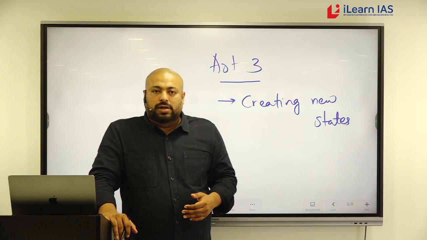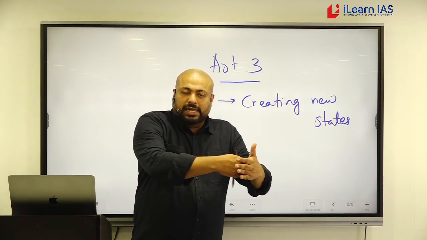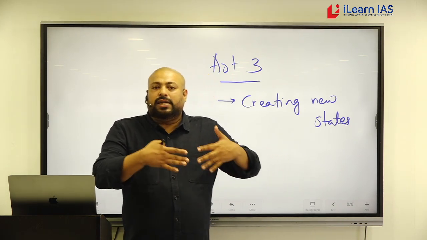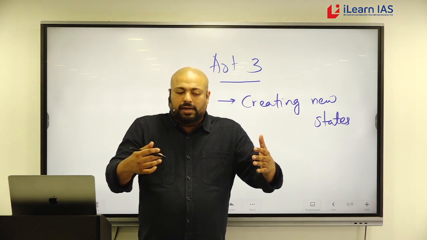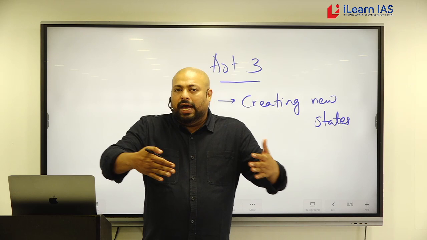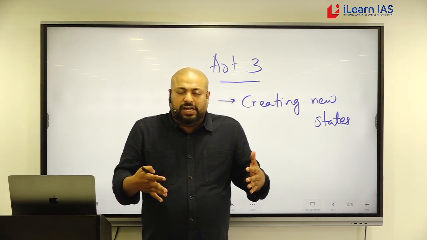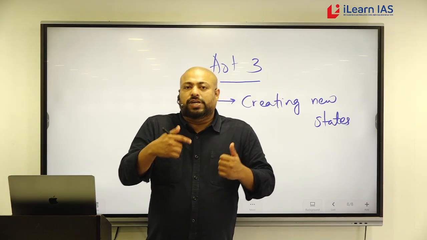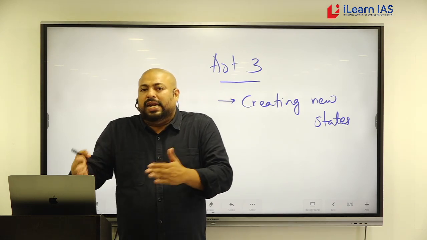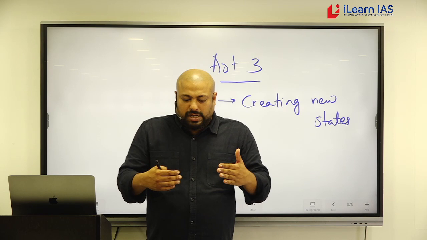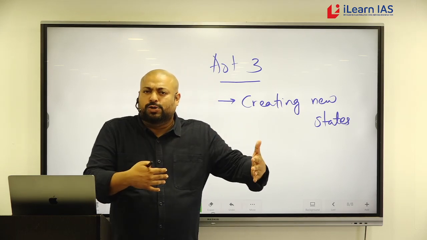For example, let's say we are taking a territory from a particular state and naming it as a new state. Or we are taking certain territory from one particular state and some other territory from some other particular state and forming it as a new state. Or we are taking territory from one particular state and adding it with another state. For example, let's say we are dividing Kerala into two.